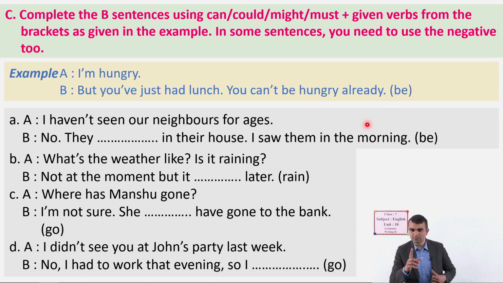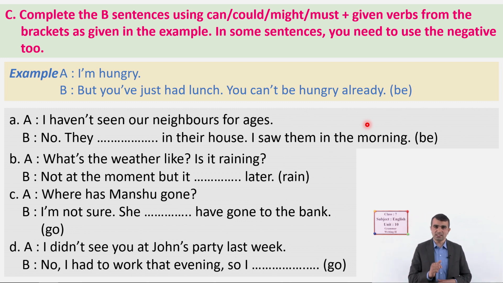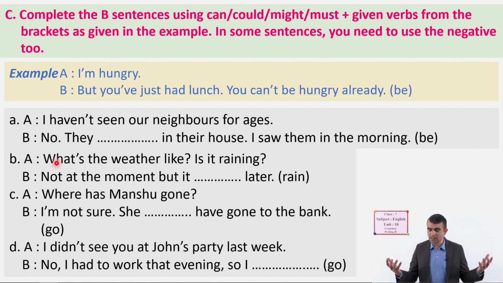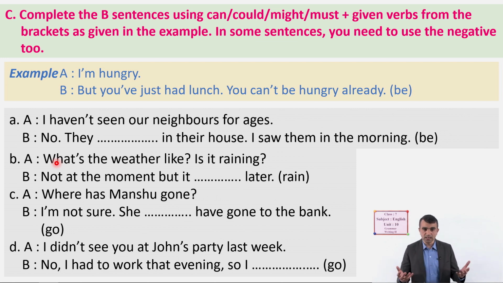Is it so? Okay. In the same way, here number A says, I haven't seen our neighbors for ages. Ages means a long time, isn't it? B says, no, they blank space in their house. I saw them in the morning.